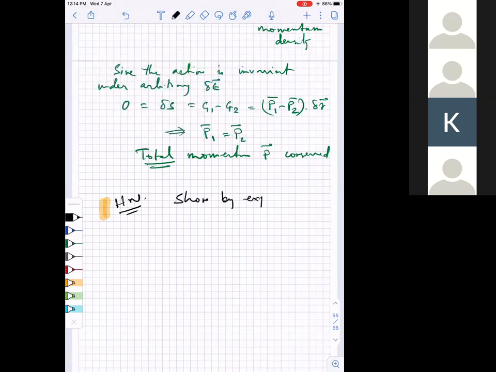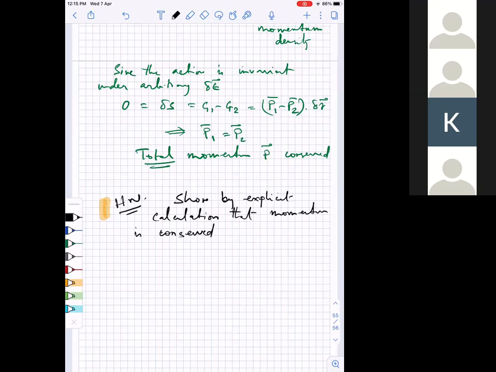So show by explicit calculation that momentum is conserved. Over here, we have shown that the momentum is conserved by using generators and showing that the action is invariant under small, infinitesimal displacement.